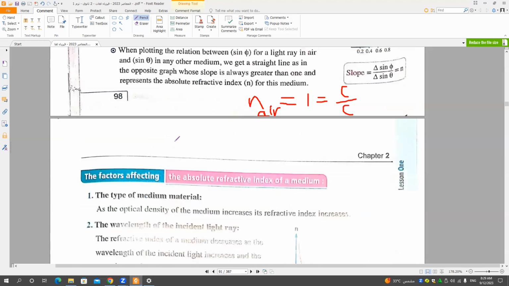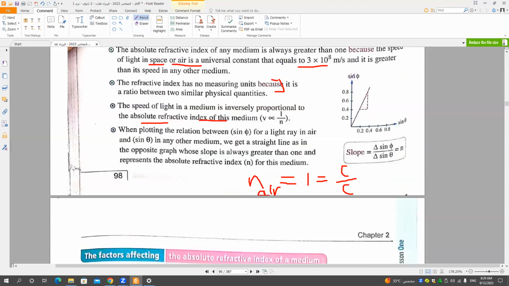So the slope of this relation equals sine phi over sine theta, equal to V1 over V2, and equal to N2 over N1. It has an inverse relation. The slope of this relation equals the absolute refractive index of the medium if the other medium is air.